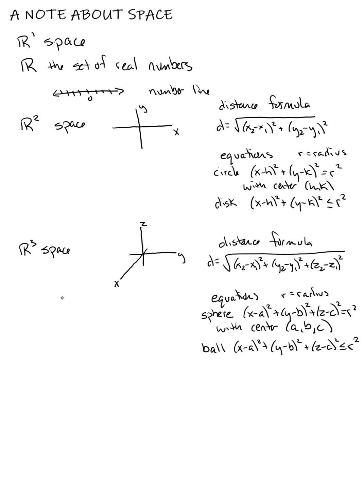So a disk is sort of like a circle where you include everything inside. A circle really is just this bit. A disk is everything filled in. So a sphere is really just the outer bit. A ball is the whole thing, the whole solid thing.